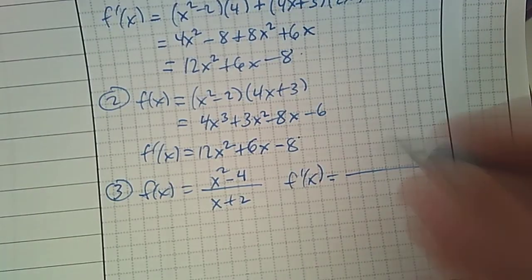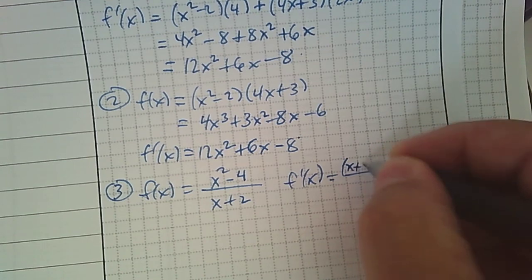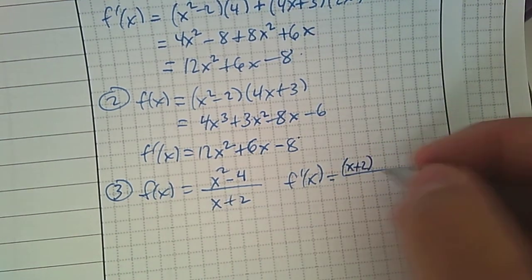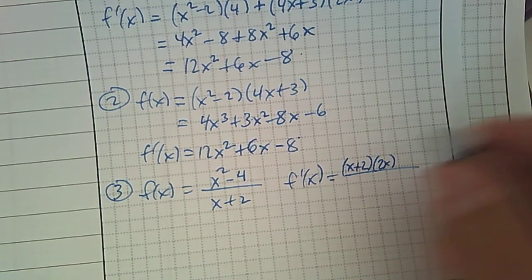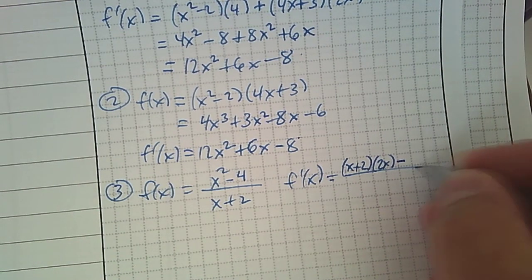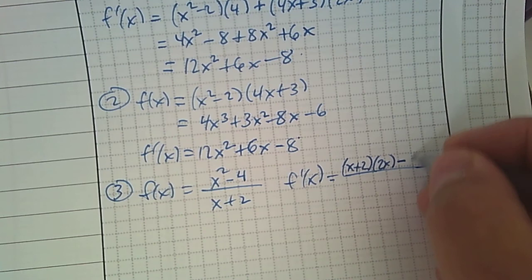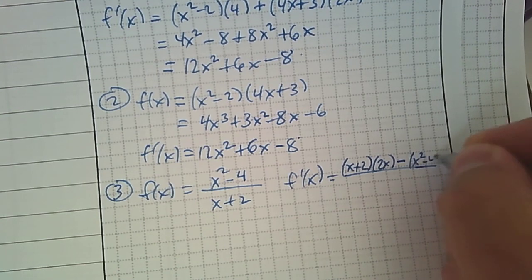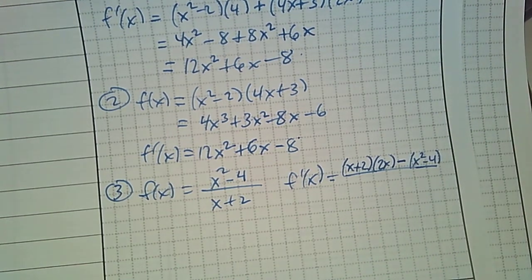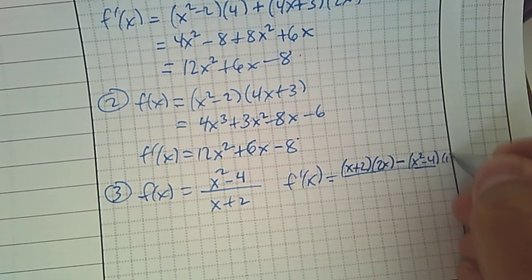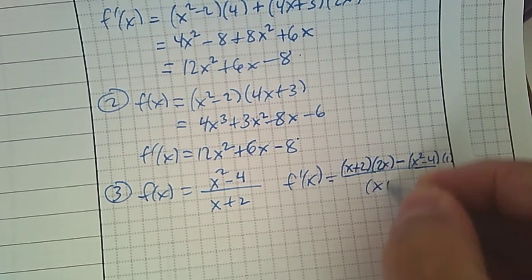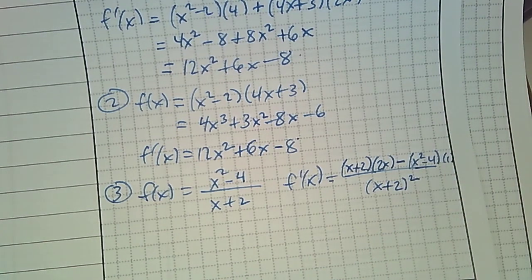So the quotient rule is the bottom times the derivative of the top minus the top times the derivative of the bottom. Now the derivative of the bottom is 1, so I don't need a 1 there, but I'll put it there for fun. And then the bottom squared.